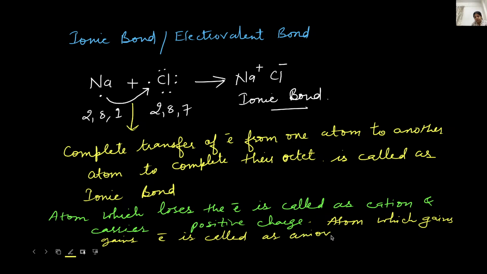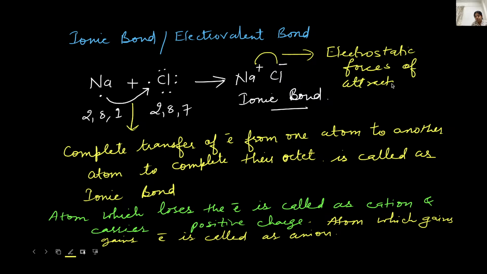Now you have understood the terms cation, anion, ionic bond and electrovalent bond. And the forces of interaction between positive and negative charges are the type of electrostatic forces of interaction, electrostatic forces of attraction between two oppositely charged ions.